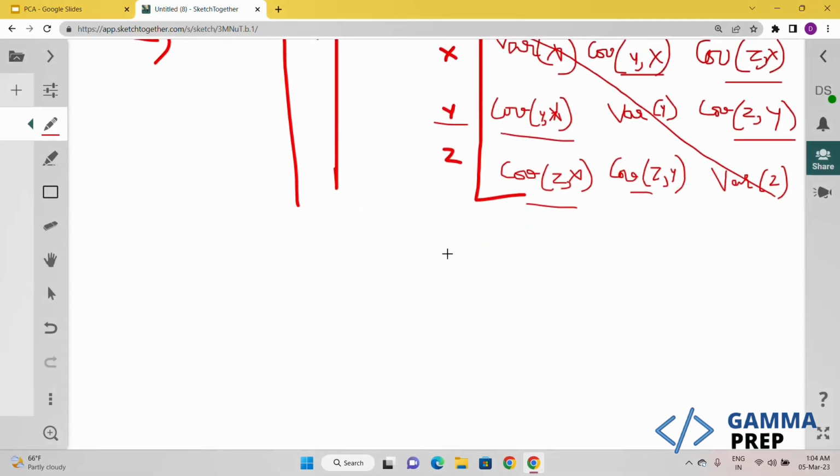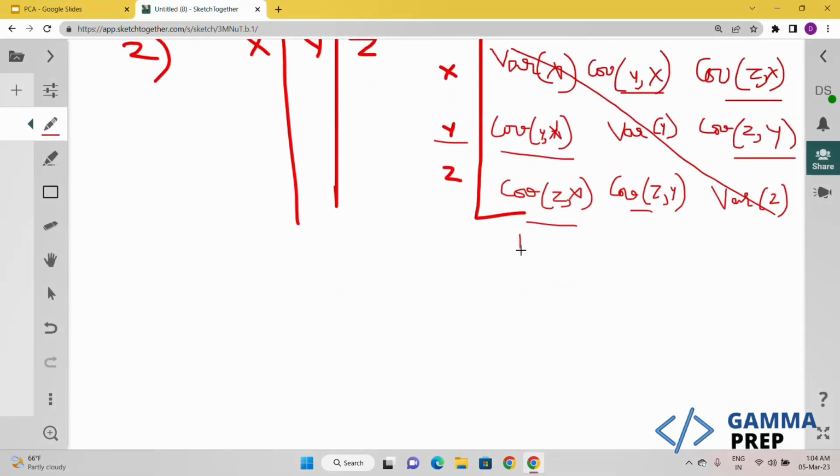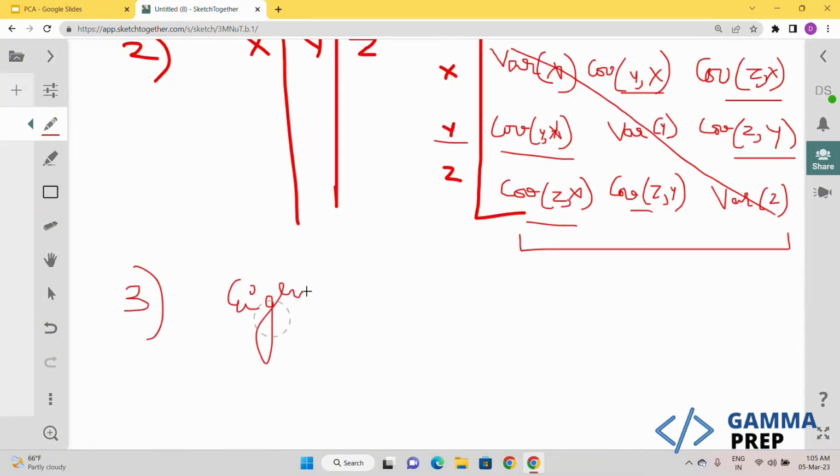Now, what is the third step? This covariance matrix is the matrix that we have. In the third step, you find the eigenvectors and the eigenvalues of this covariance matrix.